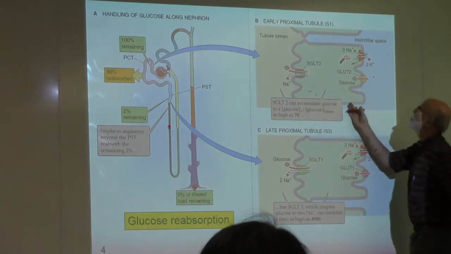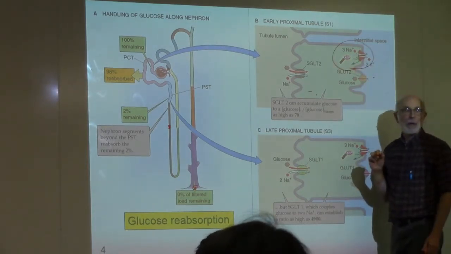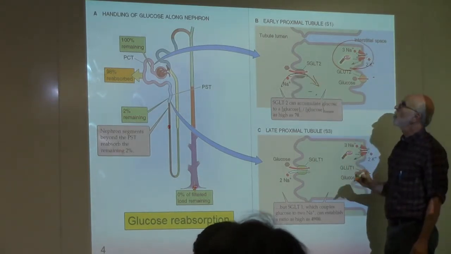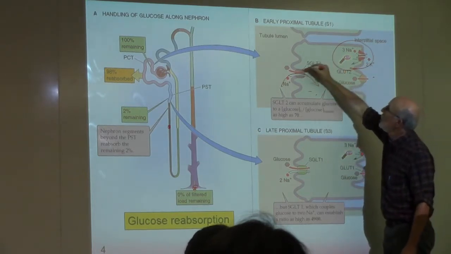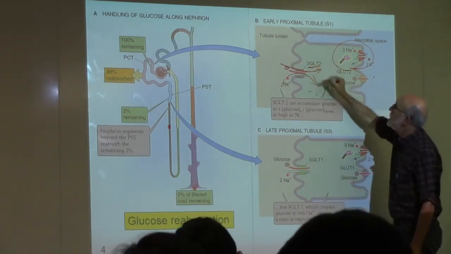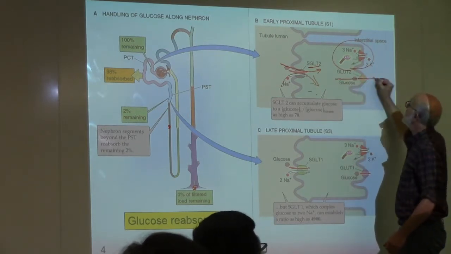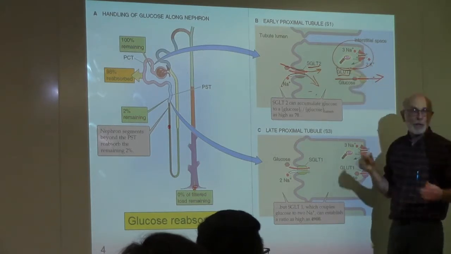Ordinarily, in the proximal tubule, the sodium potassium ATPase creates a sodium gradient. The sodium gradient is utilized by a sodium glucose co-transporter, SGLT, to pump glucose into the cell. Then glucose goes down its concentration gradient through a glucose transporter.